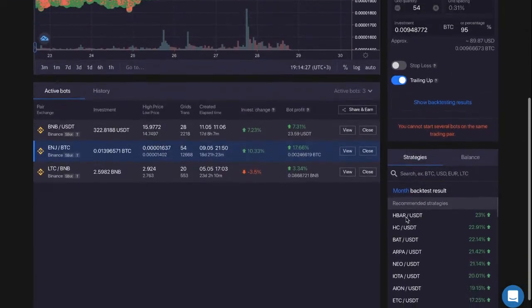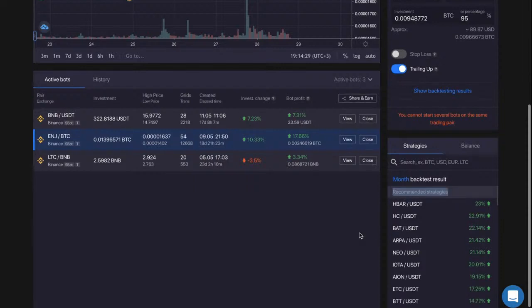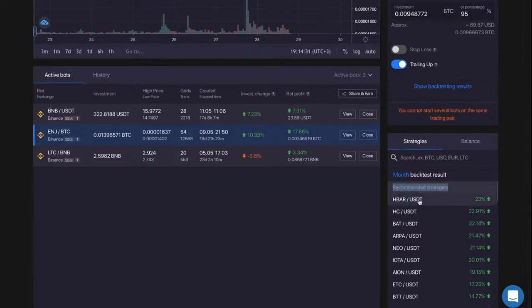These are the recommended strategies based on the price action happening on the market. It identifies the most prominent cryptocurrencies, best in terms of return and risk ratio at that time. In this case it uses backtest results from the last month.